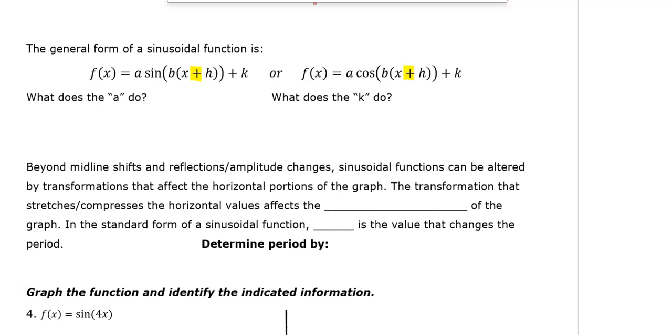But we're going to go ahead and do that. Okay, so what does the A do? The A is a vertical stretch or compression, right? So it makes the graph taller or shorter. It also can reflect across the x-axis.